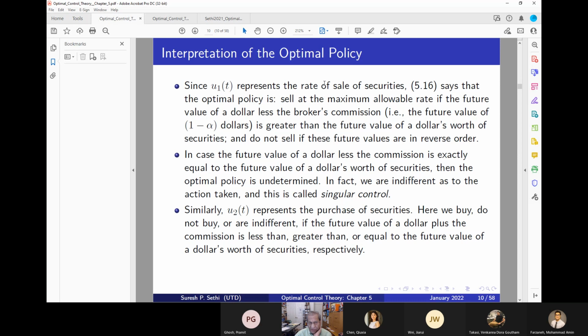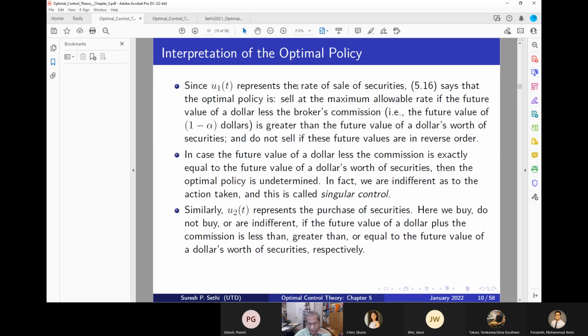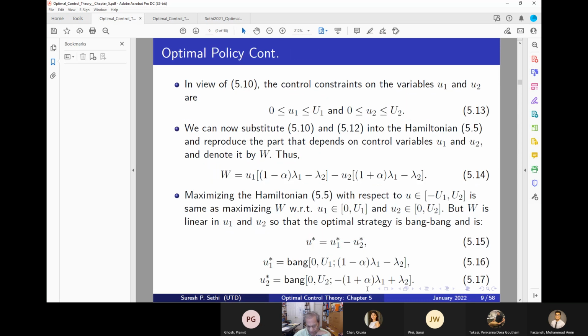And if the value of this cash from the sale of securities is bigger than the $1 worth of securities, then I don't sell. Otherwise, I sell. So you can see what's going on.